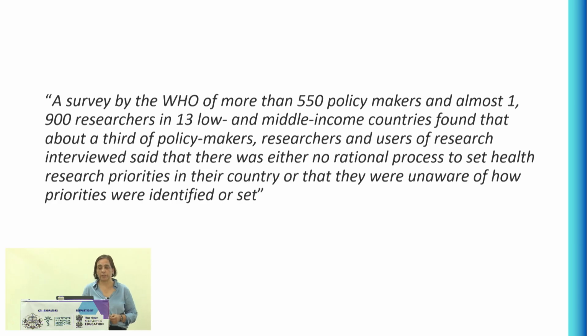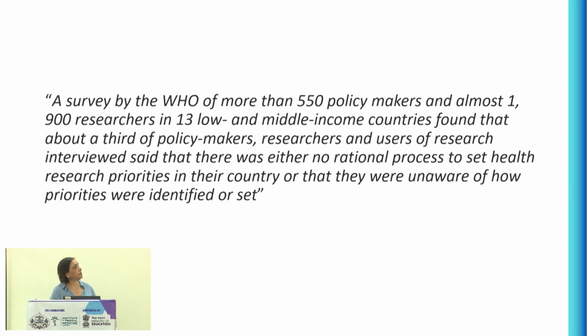So this is a quote from a study, and I should have provided you with the reference. But this is a study that was done by Kent Ranson back in 2010, I think, where he's citing a survey by the World Health Organization of more than 550 policymakers and almost 1,900 researchers in 13 low and middle income countries found that about a third of policymakers, researchers, and users of research interviewed said that there was no rational process to set health research priorities in their country, or that they were unaware of how those priorities were identified or set.